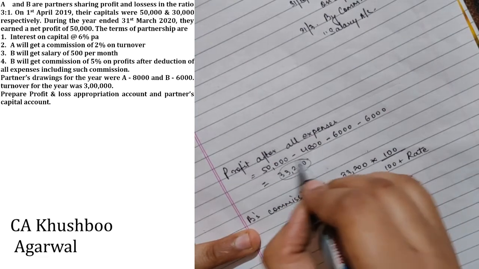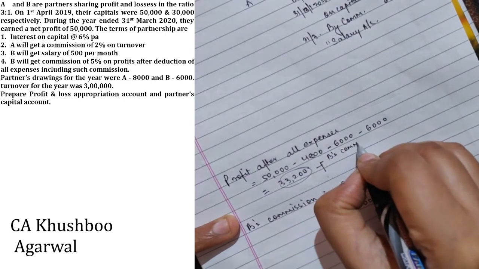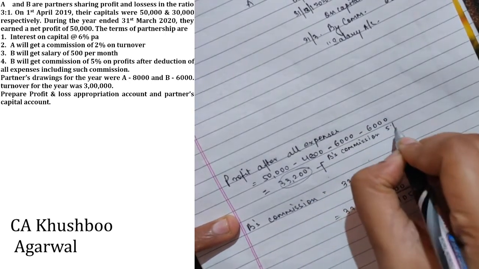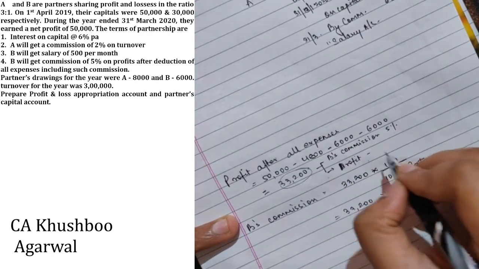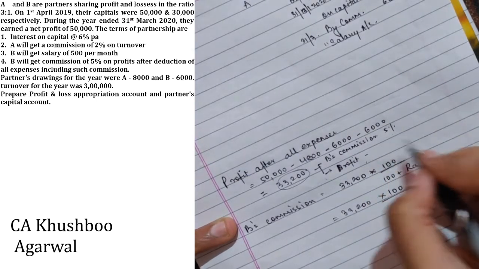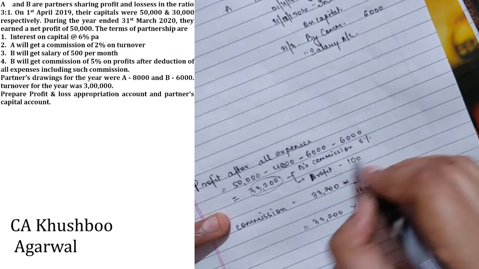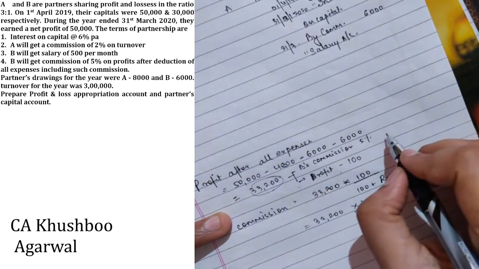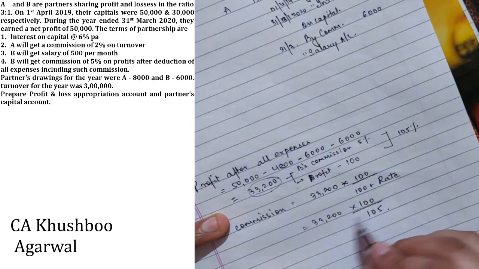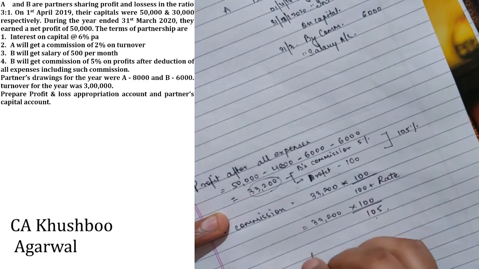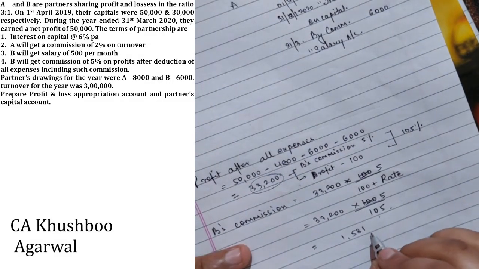This 33,200 had two components. One was B's commission at 5%, and second was the profit that will be divided among the partners. So if the profit is 100 after all the commissions, 33,200 represented 105%. That is why we have divided the total amount by 105 to get B's commission, which is coming as 1,581.